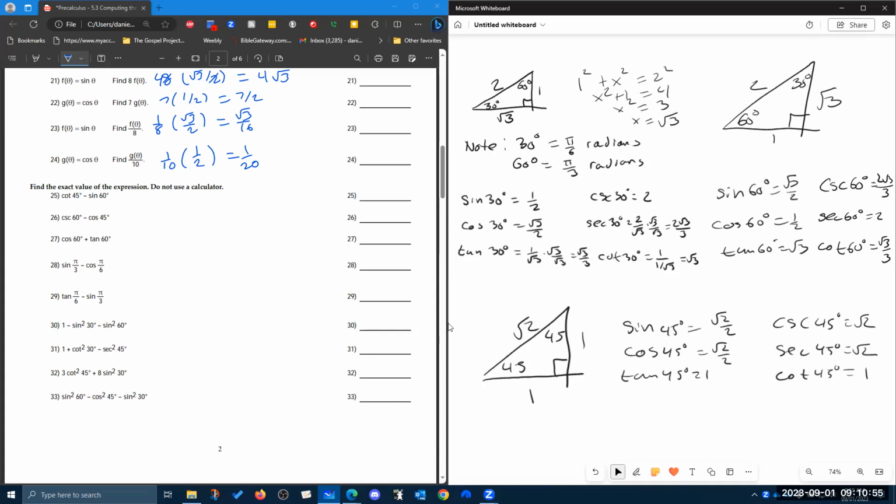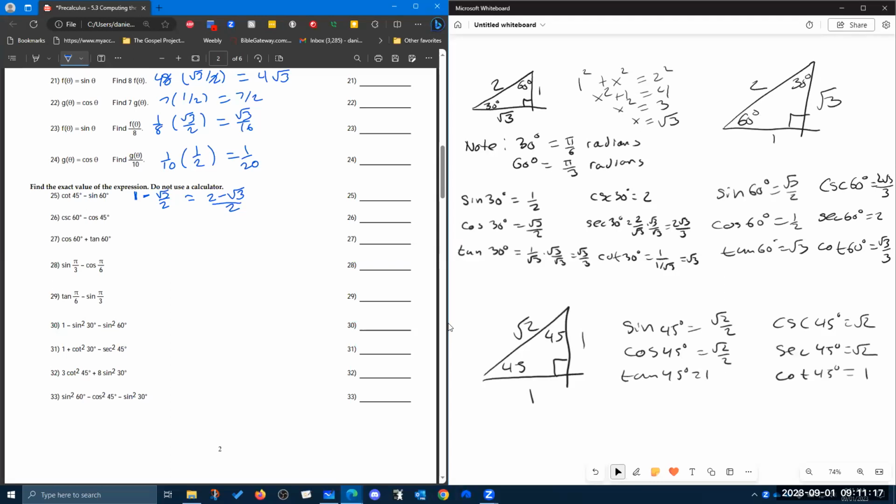So let's take cotangent of 45 degrees, that's 1, minus the sine of 60 degrees, that's √3/2. We can leave it like that, or we can write it over a common denominator of 2 minus √3/2. We want to leave it just like that.